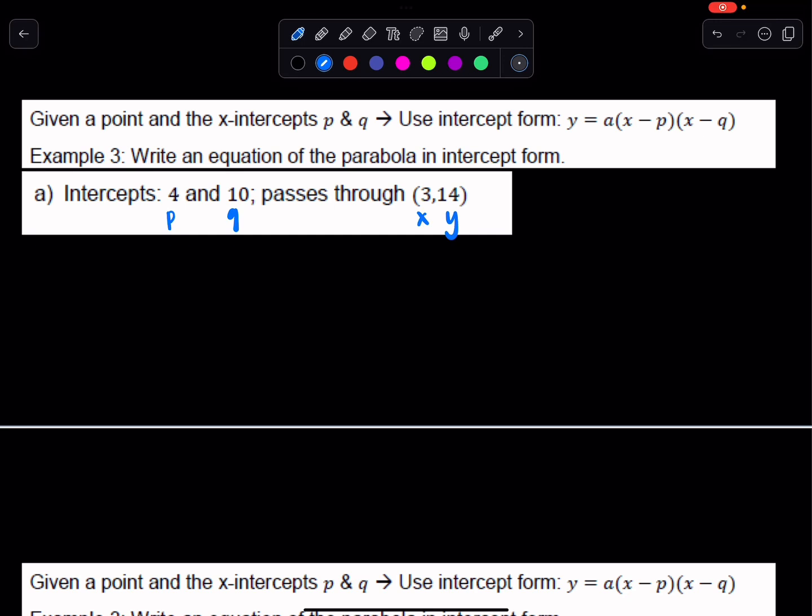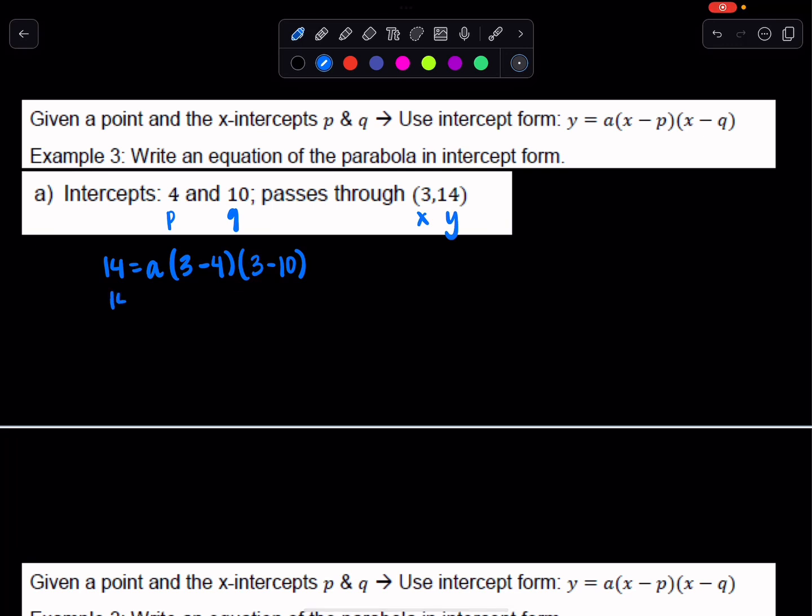So using intercept form, replace y with 14 equals, we don't know a, replace x with 3, minus p is 4, and then again in parentheses, x is 3 minus q is 10, and then we're going to solve for a.